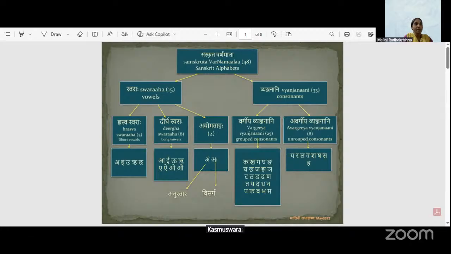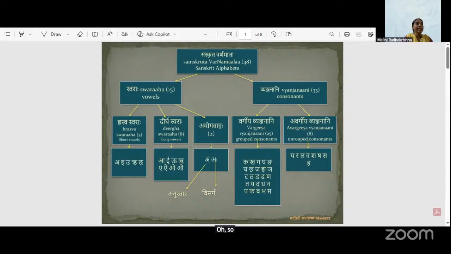Then comes the second category of swaras or vowels, called Dirghaswaraha. Dirgha, because it is a little elongated. It requires two matra kalas of time to pronounce. They are A, I, U, R, and then E, Ai, O, Au.